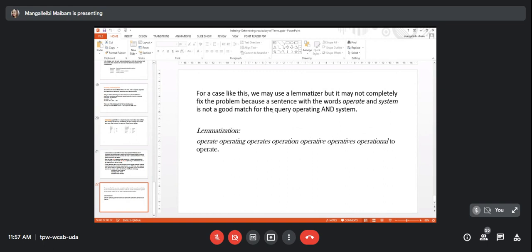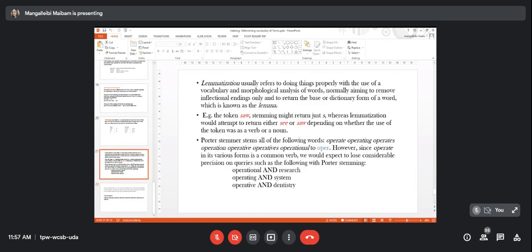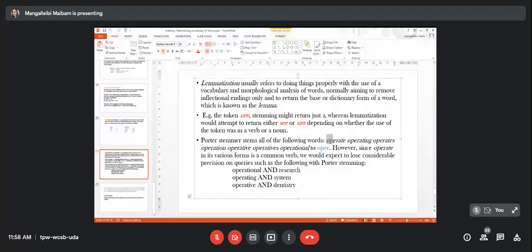They are telling that this may not completely fix the problem. So lemmatization also may not fix the problem completely. That means 100% we cannot fix the problem, because issues may be there. You see here, operate has certain meanings and various forms.